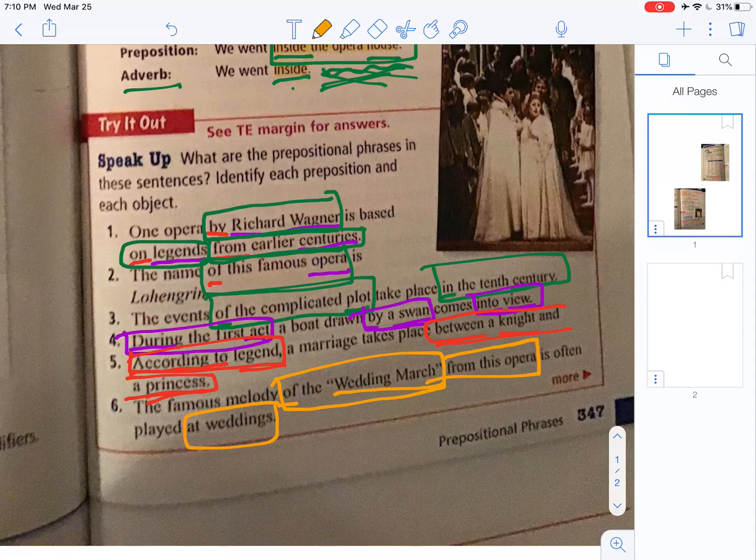Wedding march would be your object of the preposition. It is the title of a song, so I can't break it up. In my second prepositional phrase, from is the preposition, opera is the object, and the prepositional phrase is from this opera. And the last one, at is my preposition, weddings is my object, and at weddings is my prepositional phrase.